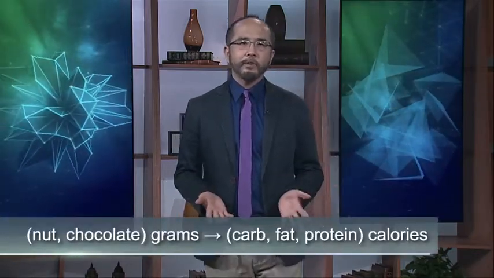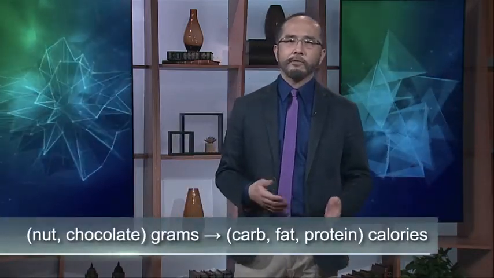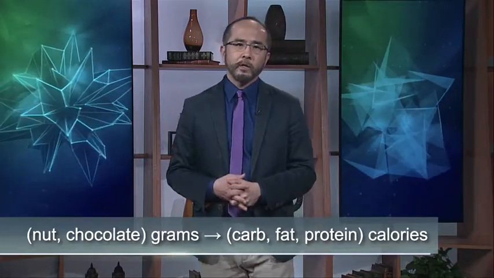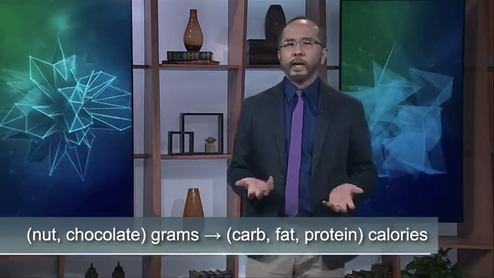If you think back to the nutrition function that takes grams of nuts and chocolates to calories of various kinds, we may not know the actual function that does this, but if you think about how such a function should behave, there are good reasons to believe it must be linear.